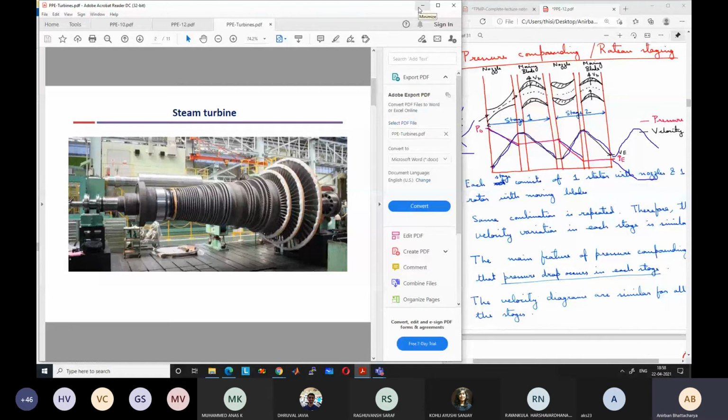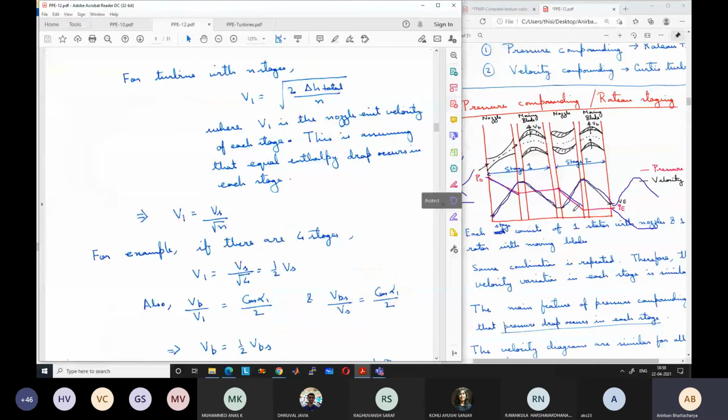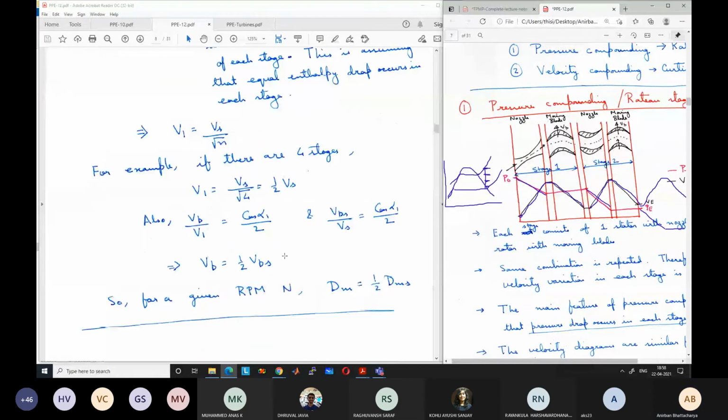So I will keep the pressure compounding open here so that you can compare with the other type of compounding.